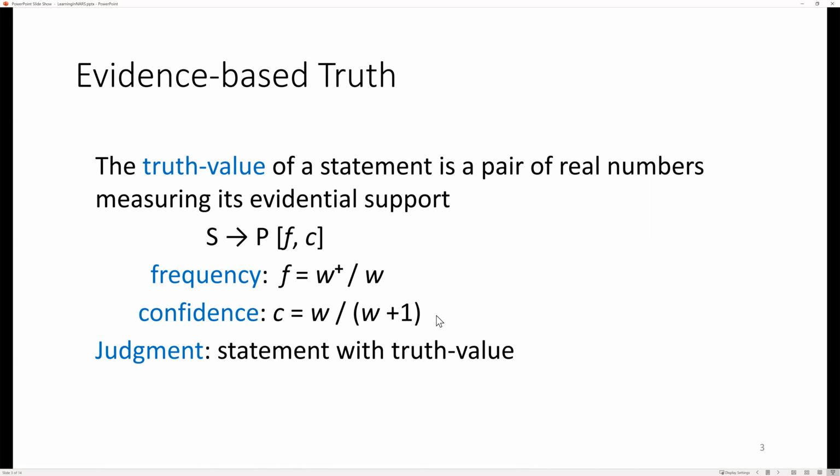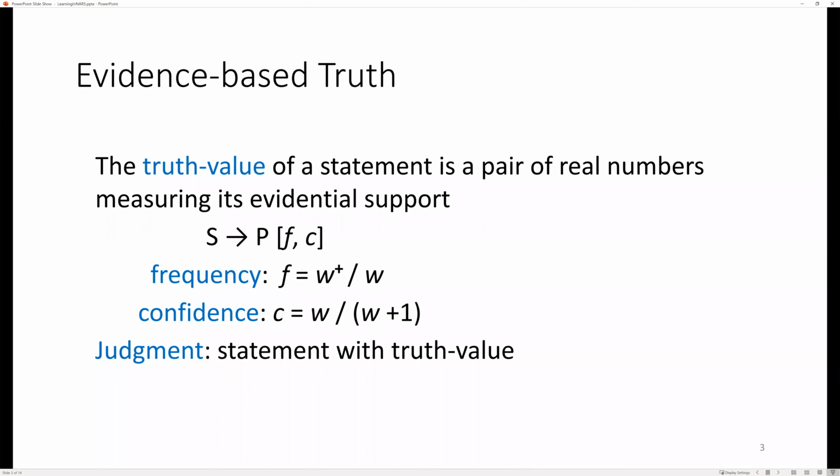So you're taking the future situation into consideration. So the confidence value in the system, according to this definition, is always less than 1, but it will become bigger and bigger when you have more and more evidence. A statement plus its truth value altogether is called a judgment in the system.